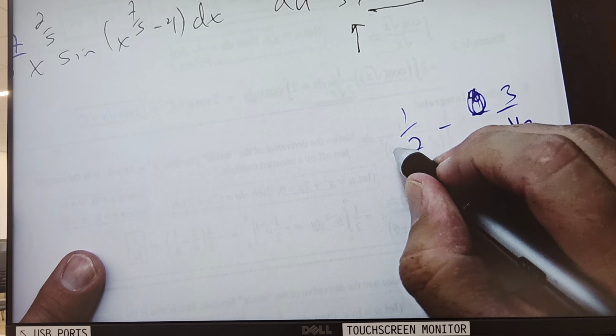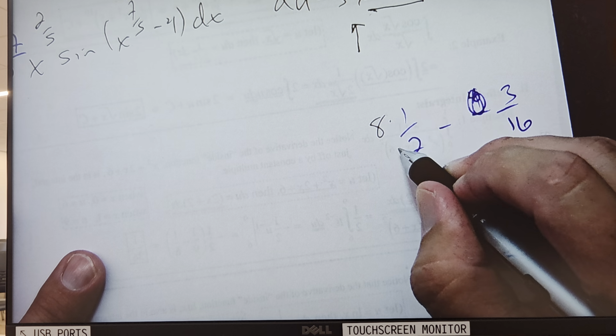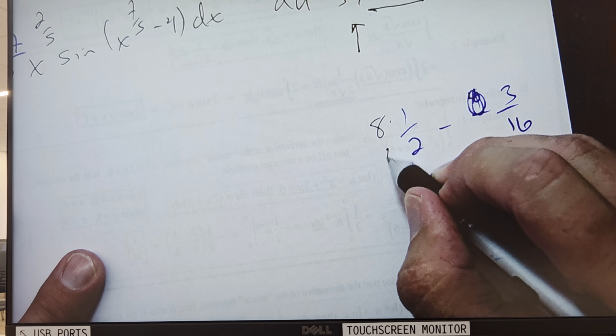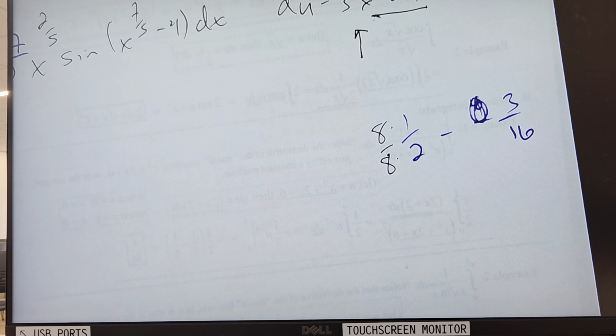So I'm going to multiply by 8, and I'm also going to divide by 8. Yes? Did I actually just change the value of the number? 1/2 was 0.5, 8/16 is 0.5. So as long as I do two opposite operations, I didn't change the original problem.